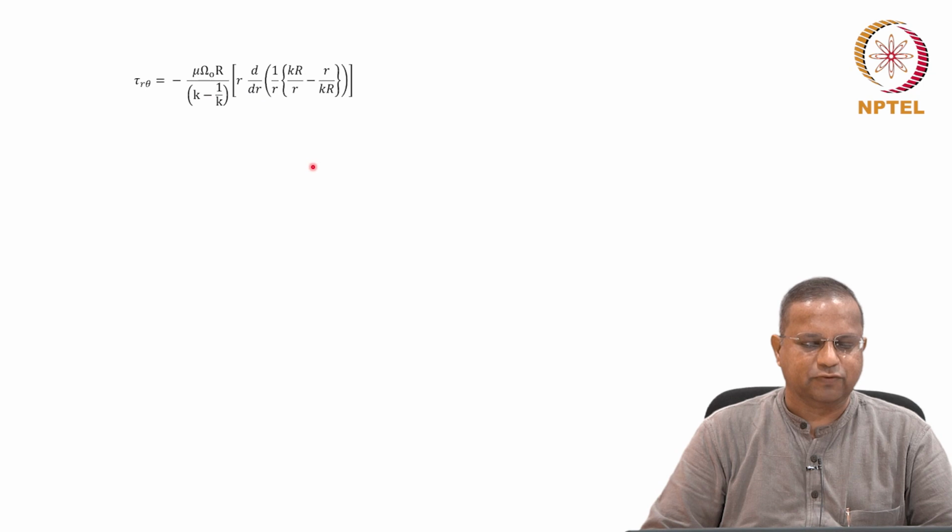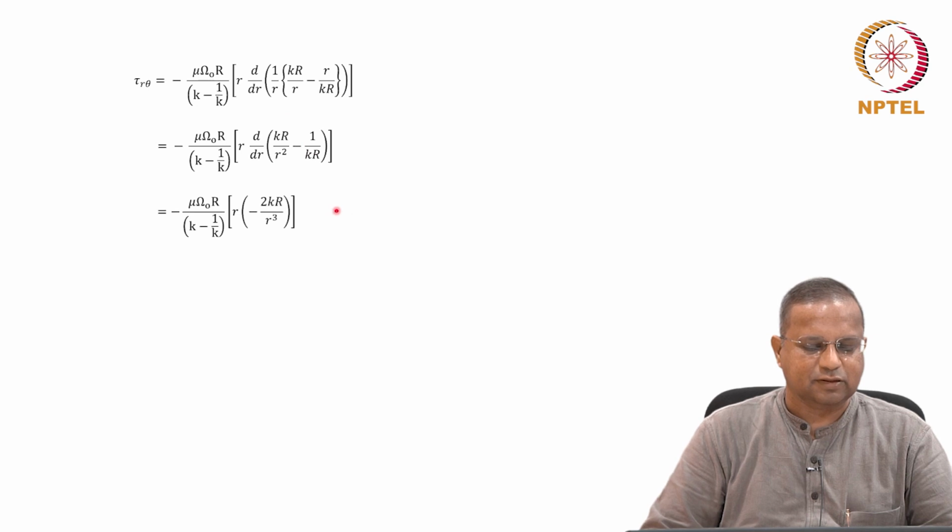Okay, just simplifying further. I'm just grouping the terms differently, so that it comes to a certain form that can be handled. So just taking r inside here, we get this, which you can now process. This is 1 by k r, this is a constant, not a function of r, so this will drop out. This is the only term you need to differentiate. If you differentiate this 1 by r squared, you get minus 2 by r cubed, and there's a factor there that gets cancelled out.